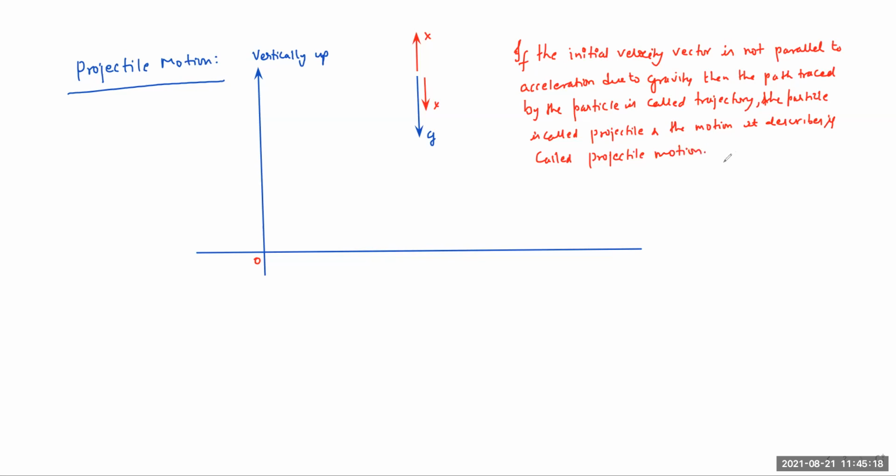So these are the things which you need to know about projectile motion. Just a moment. Sir, I have a doubt.